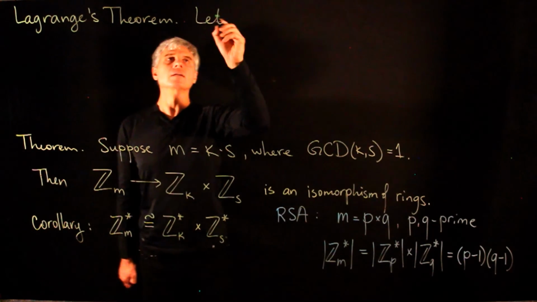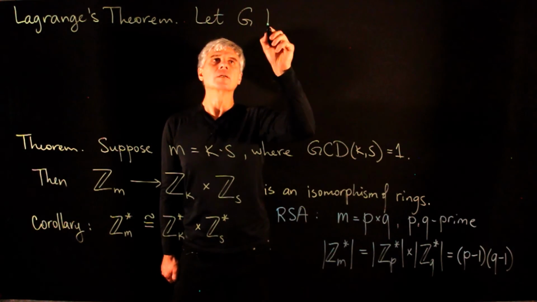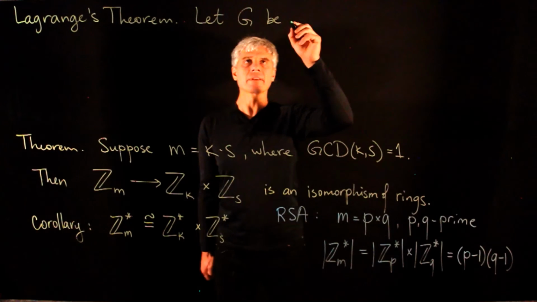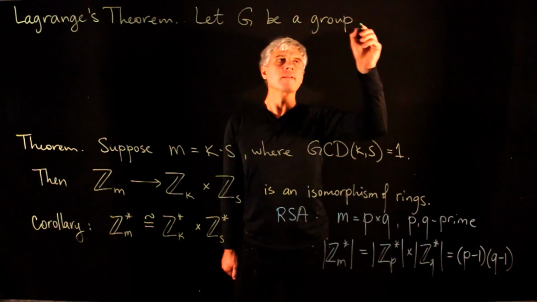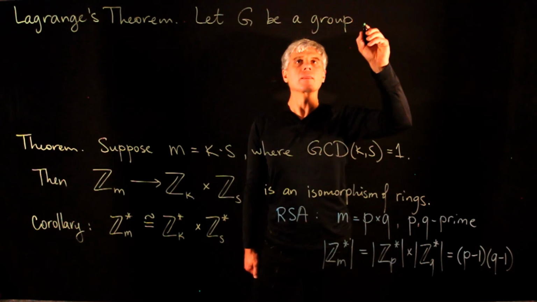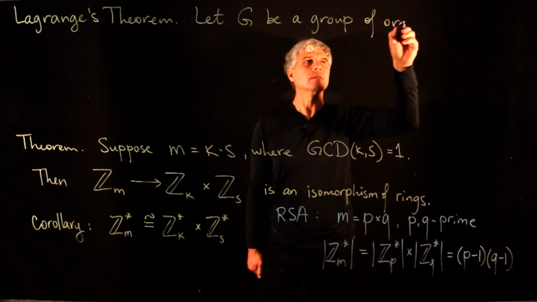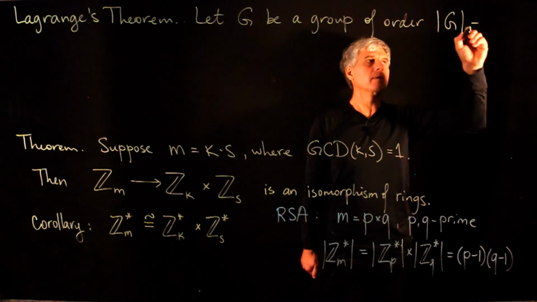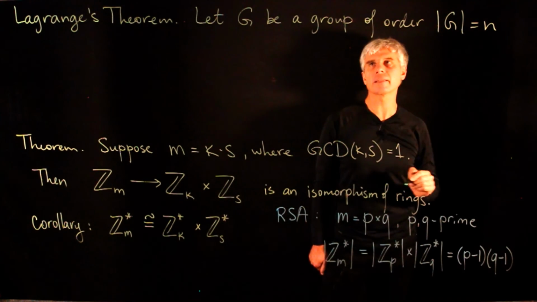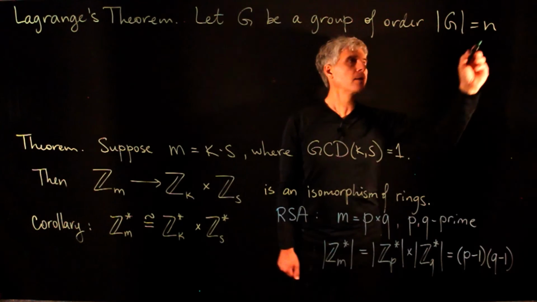Let G be a group of order n. This means that there are n elements in this group.